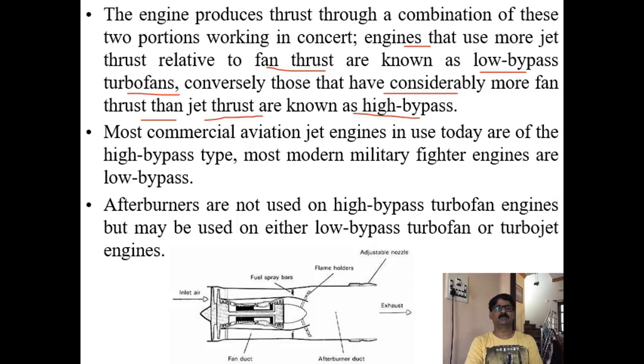Most commercial aviation jet engines in use today are the high bypass type. Most modern military fighter engines are the low bypass type. Afterburners are not used on high bypass turbofan engines, but may be used on either low bypass turbofan or turbojet engines.